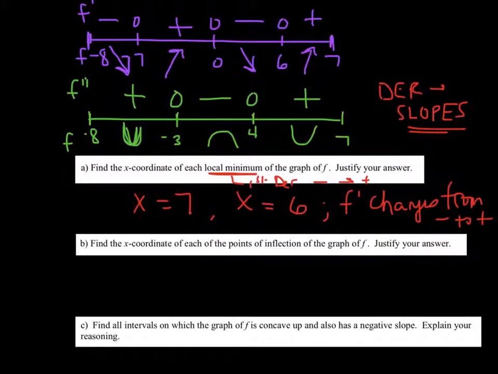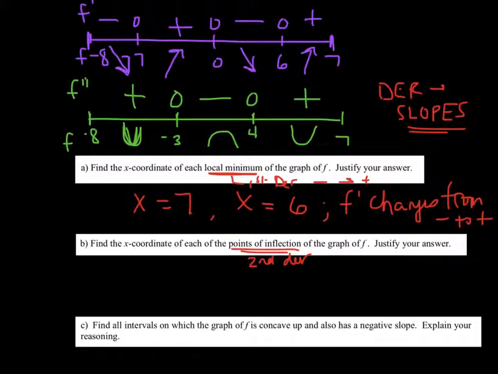All right, next question. Find the x-coordinate of each of the points of inflection of the graph of f. All right, points of inflection tell me I need the second derivative. Okay, and this time I need them to just change sign either way. So anytime you change sign for the second derivative, you're going to find a point of inflection.